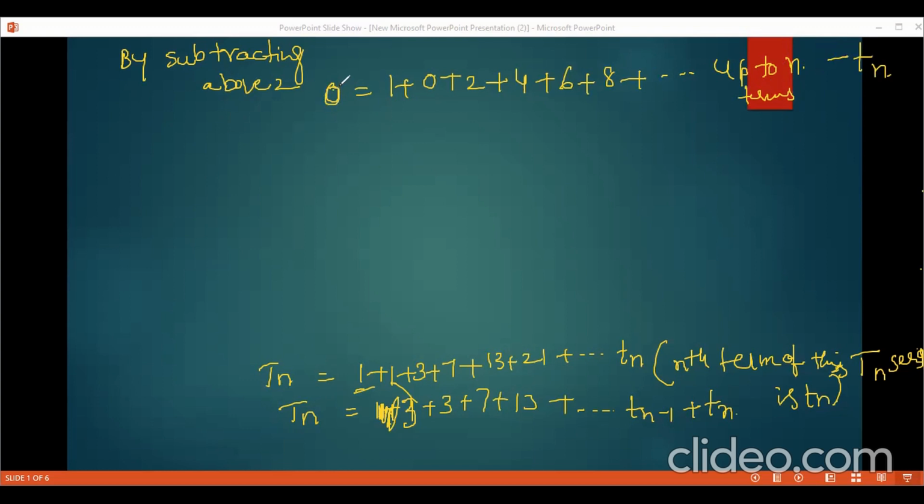We got like this. Now Tn is equal to, can I write again? Tn is equal to 1 plus 0 plus 2 plus 4 plus 6 plus 8 plus so on up to n minus 2 terms.